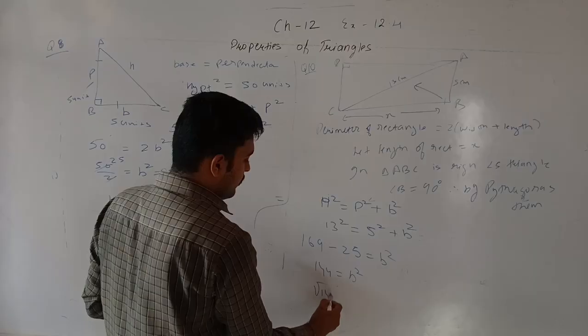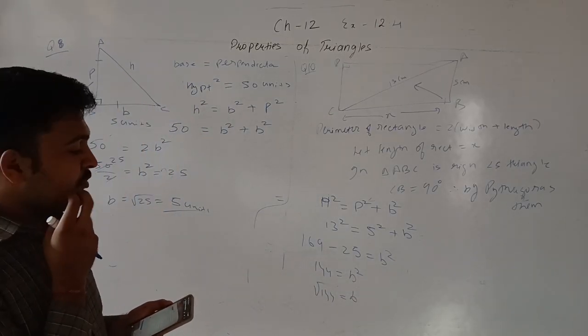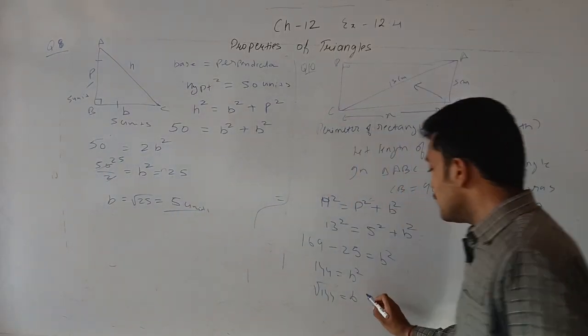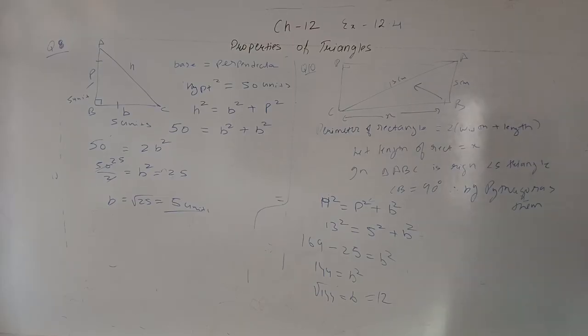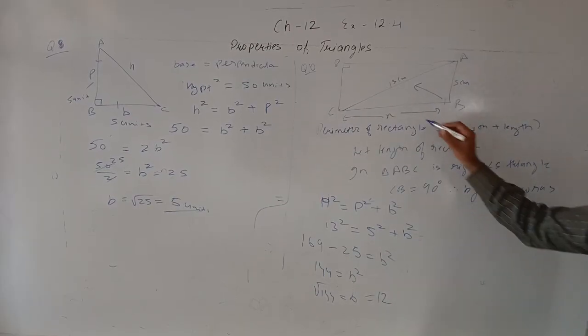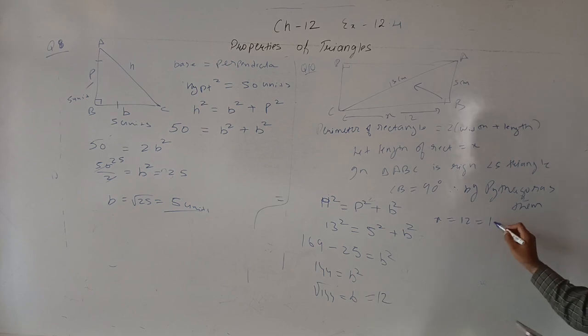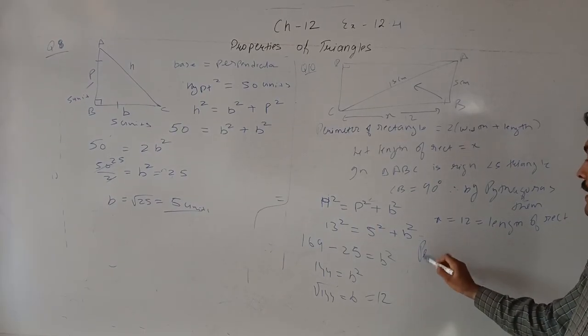Therefore b squared is 144, and the square root of 144 is 12. So the base comes out to be 12 centimeter. So the length of the rectangle is 12 centimeter.